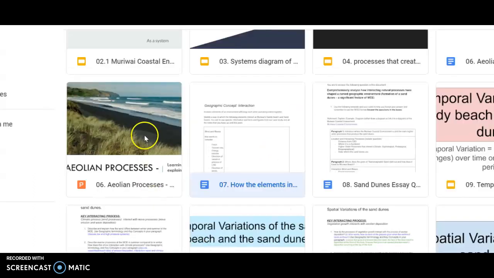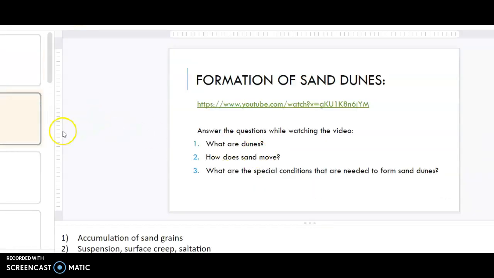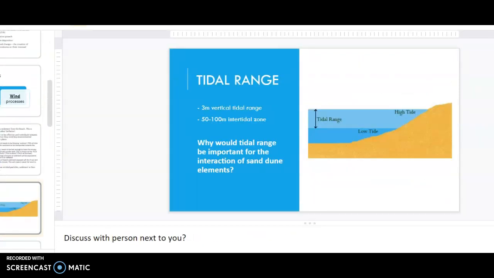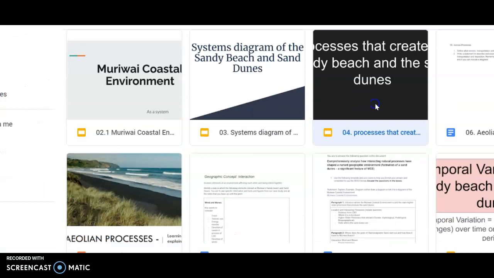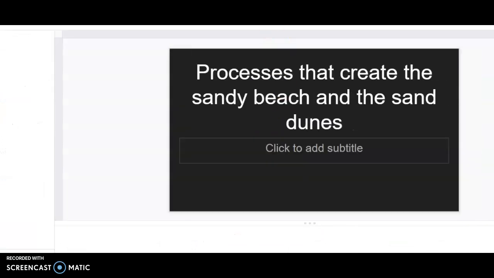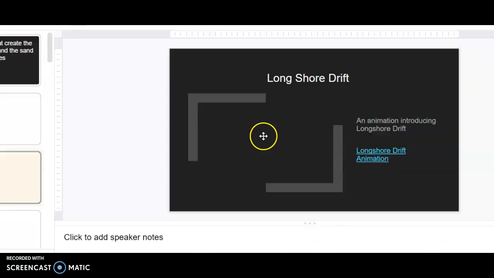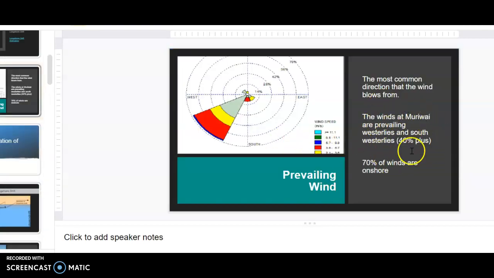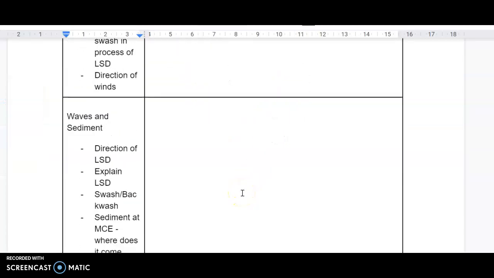If you go back into our slides from last week, you'll see all of this information in here, and that is what I would like you to use to guide you. These ones here as well, so longshore drift and so on and so forth. Here are those keywords and specific information that I'd like you to use. So that's wind and waves.